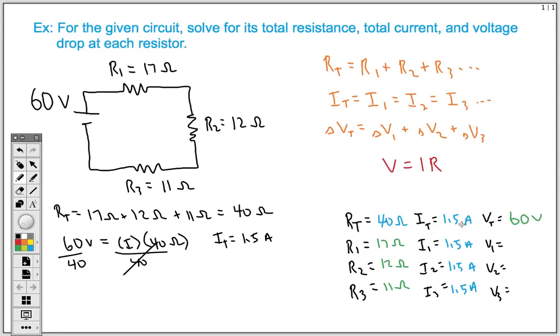Okay. So to find this first voltage drop, we're going to be using our 17 ohms and our 1.5 amps. And with our equation, it's very simple. We're just going to multiply these two because it's going to be our current times resistance. So V1 is going to equal our 1.5 amps times our 17 ohms, and that's going to give us a total voltage of 25.5 volts.